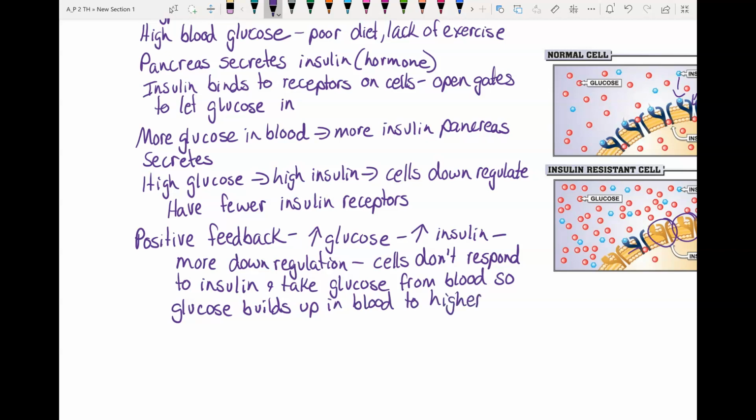And then this higher level of glucose means even more insulin, which then means more downregulation, and it just keeps going.